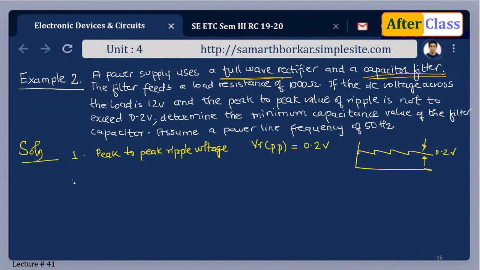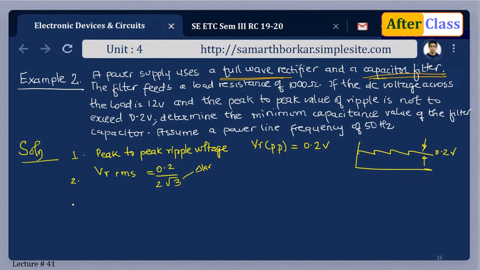Second part, VR RMS equals 0.2 divided by 2 root 3. Root 3 because it is triangular. Why is it triangular? Because in case of a capacitor filter, this is what we get. It is not sinusoidal the way we get in the L filter or LC filter.